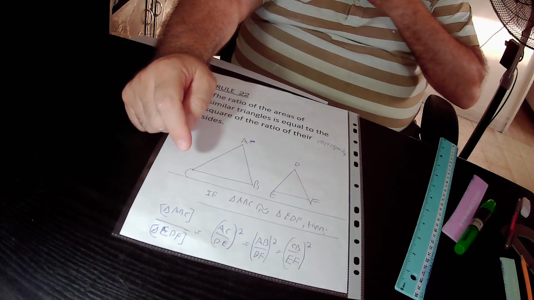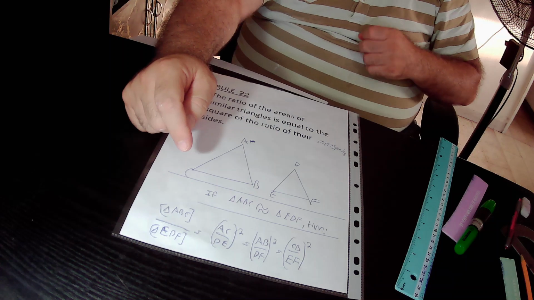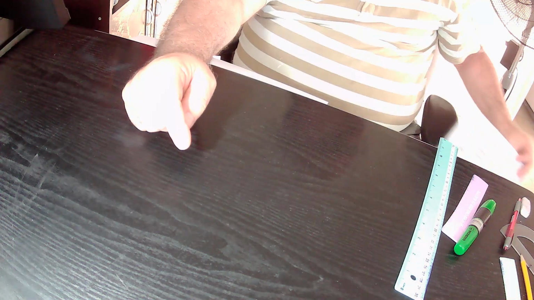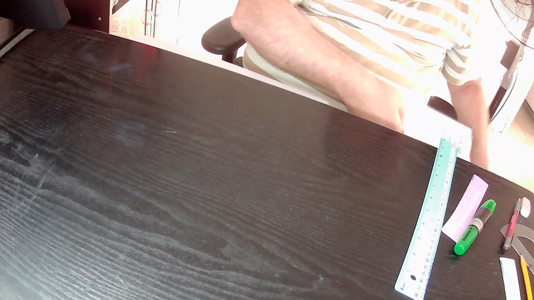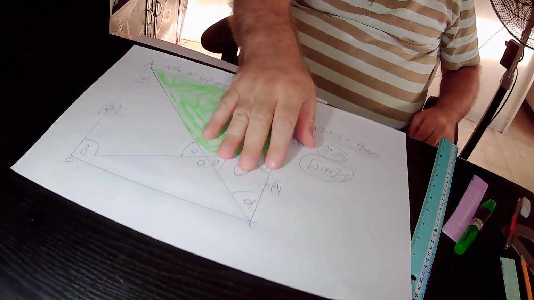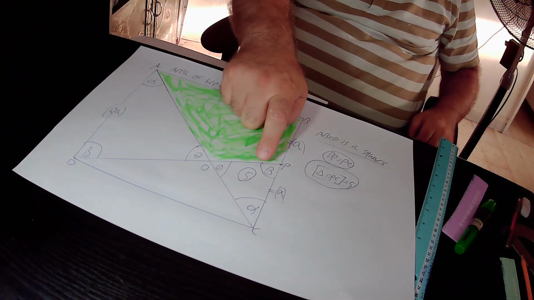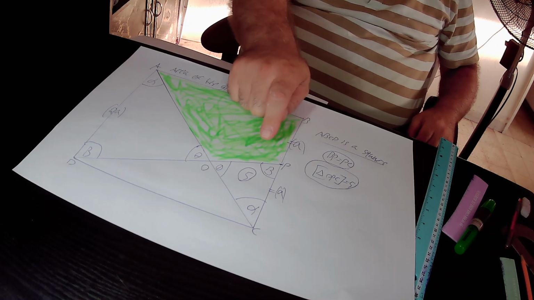Okay, so we can implement rule 22 in our drawing, because in our drawing we have only found out that the big triangle ADO is similar to this small triangle, triangle OPC.